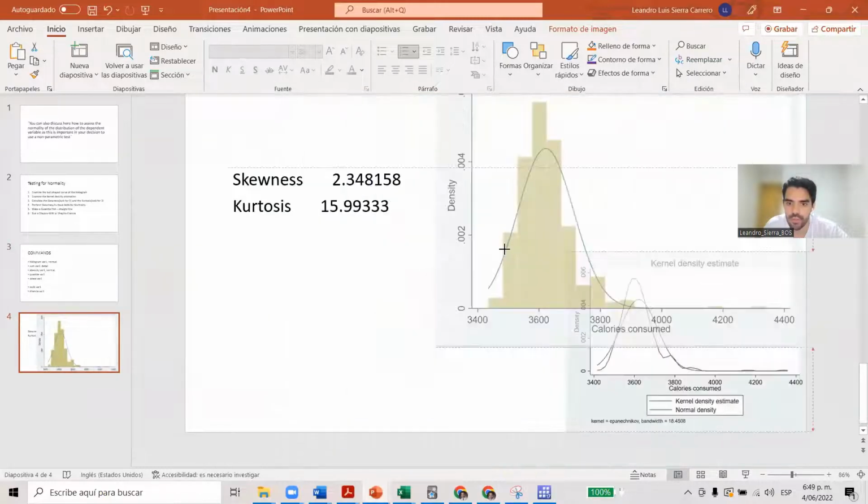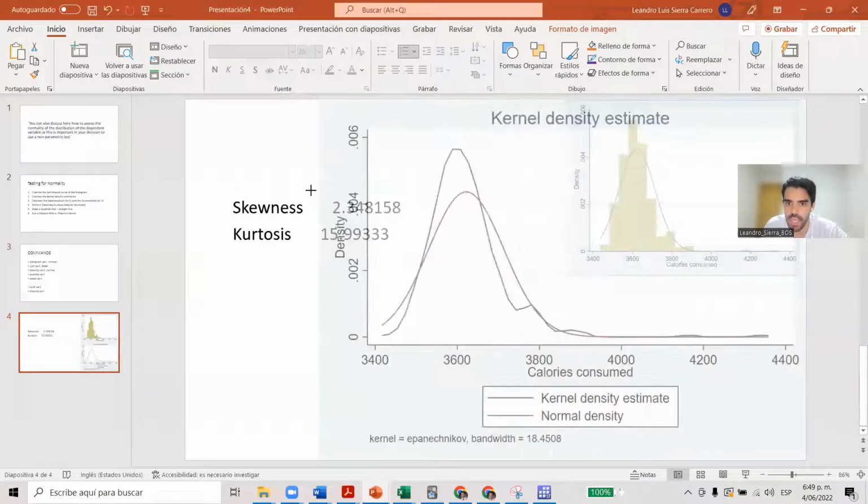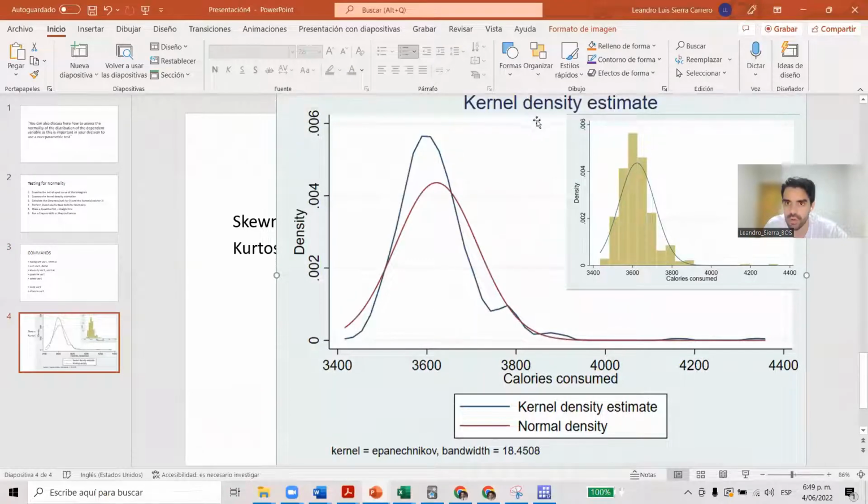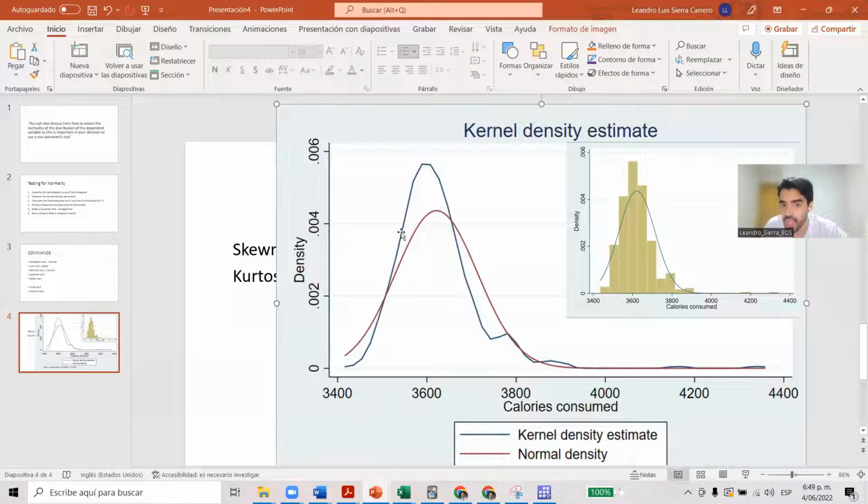So in our histogram, what we can see, I have here our histogram. I'm sorry, this one now. I'm going to use the kernel density estimate. In our kernel density estimate, what we can see is that our data is more tailed, or the values in the middle are more tailed than a normally distributed data set. So what that means is there are a lot of days that this guy, I think that is a guy, is consuming 3,600 calories, and it is more tailed.